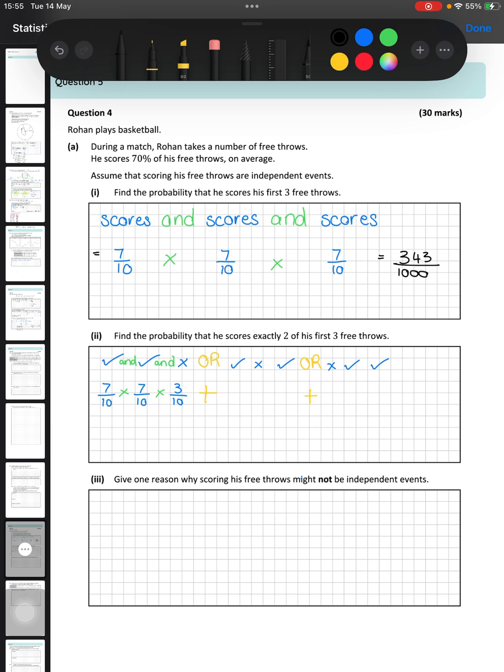Okay, so that word or means that we can add those different probabilities that we get together. Okay, so they are all going to be the exact same probability because they are all going to be 0.7 by 0.7 by 0.3, but just in different orders. But we know the order of multiplication doesn't matter.